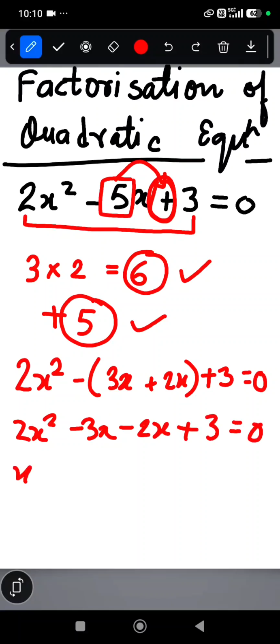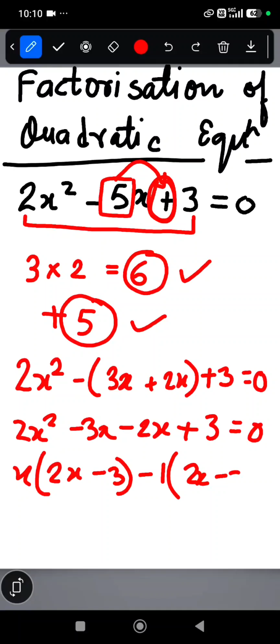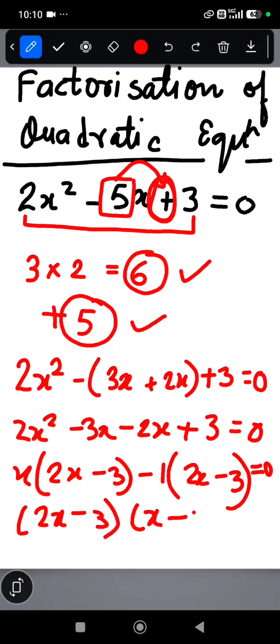Take x common. So it will be 2x minus 3. In the other part, negative 1. So it will be 2x minus 3 equals 0 and x minus 1 equals 0.